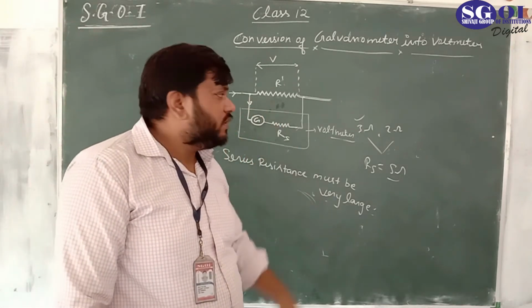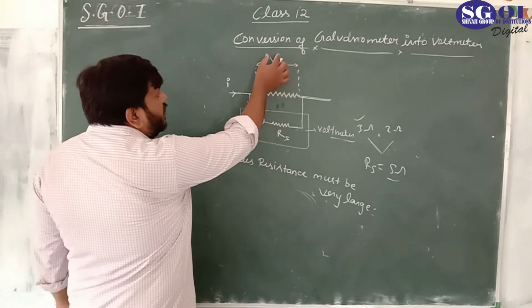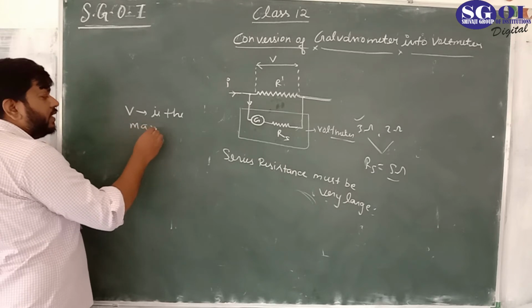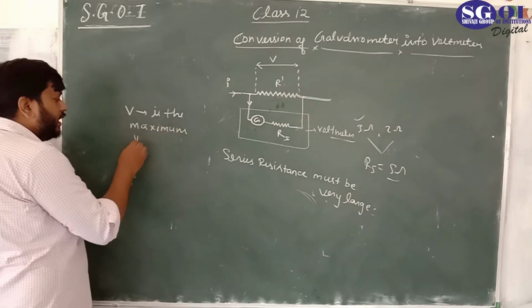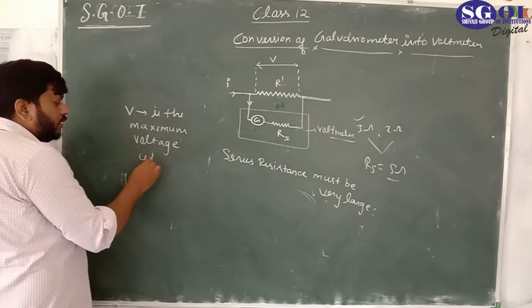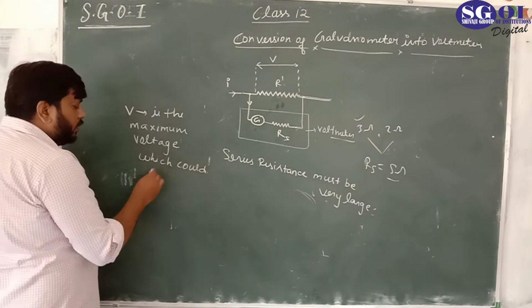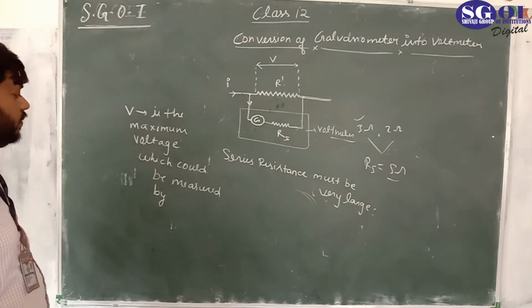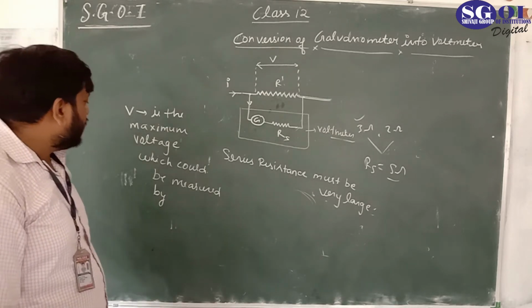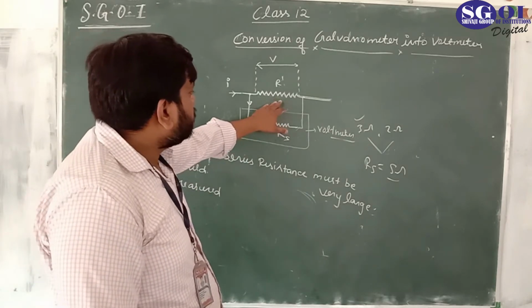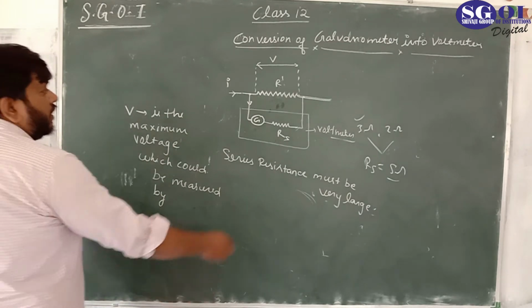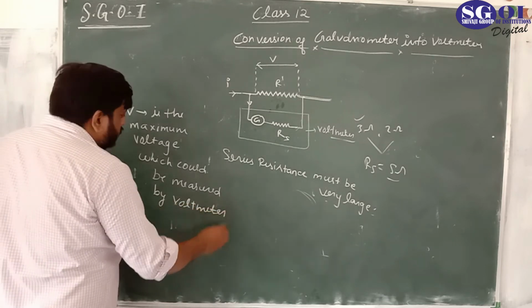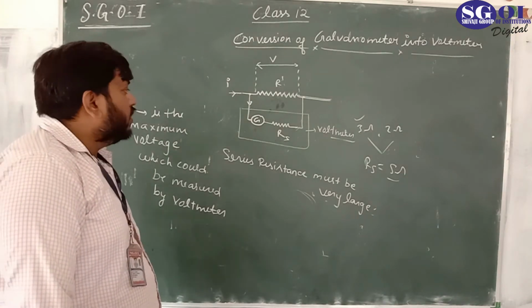Just like in the ammeter, 0 to I. Let's say V is the maximum voltage which could be measured by this voltmeter.